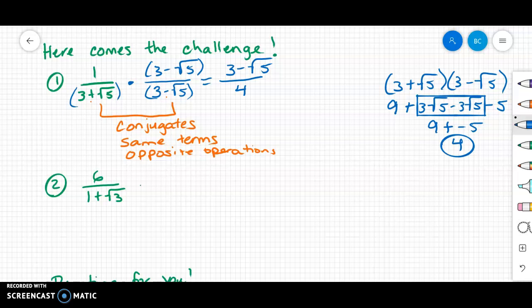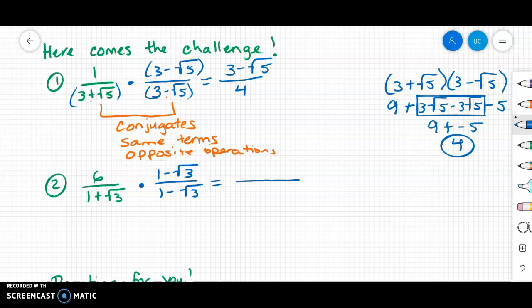I'm going to first identify the conjugate. So same terms, opposite operations. Whatever I do to the denominator, I'm going to do to the numerator. So I'm going to put that up here right away. Let's do the denominator first to make sure that I accomplish my task of getting rid of that radical symbol.